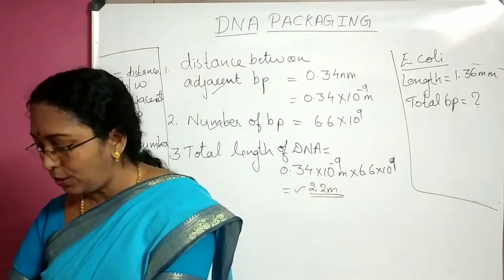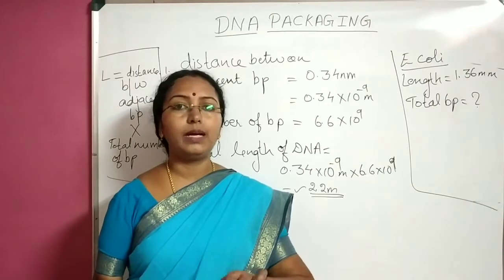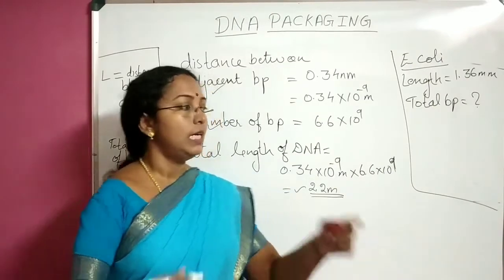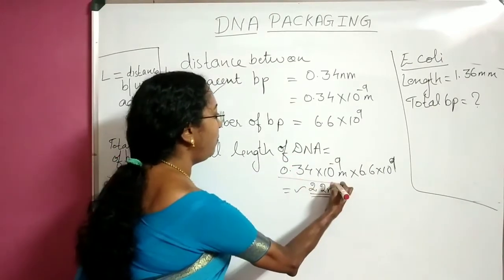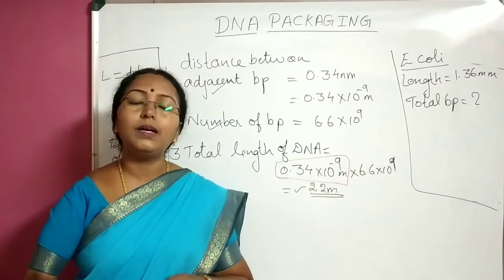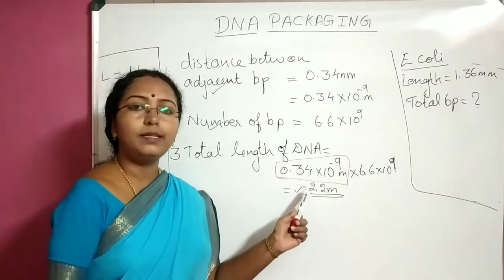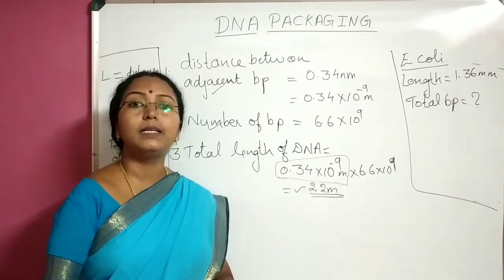Now among these two, if it is B DNA, that is what we completed in the previous session, the distance between adjacent base pairs will always be a constant value. That is, it is going to be 0.34 into 10 raised to minus 9 meters.